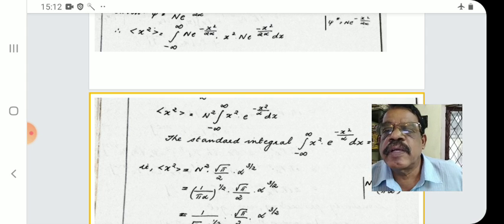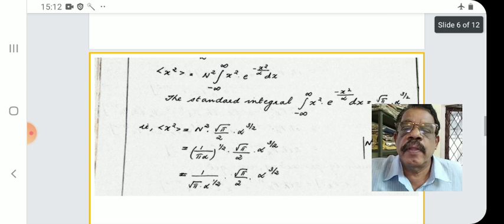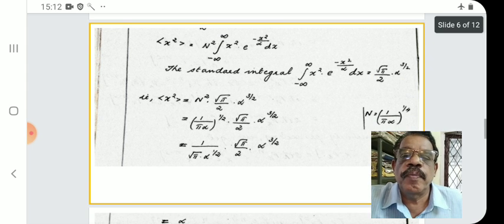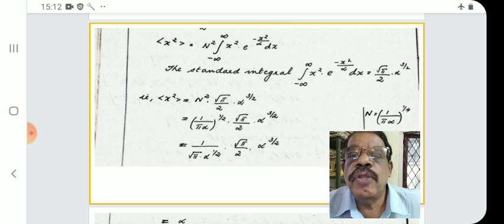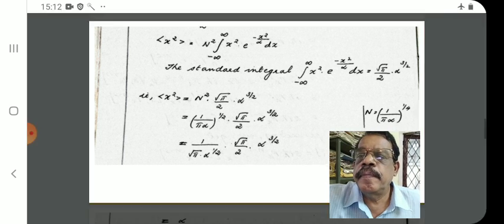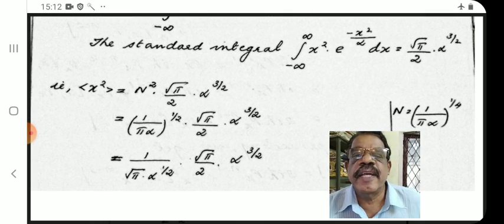Therefore, the expectation of x square is N square times the integral from minus infinity to plus infinity of x square e raised to minus x square by alpha dx. And this is a standard integral, you remember, and that relation you have to learn by heart. Its value, the integral from minus infinity to plus infinity of x square e raised to minus x square by alpha dx, is equal to root pi by 2 alpha raised to 3 by 2.